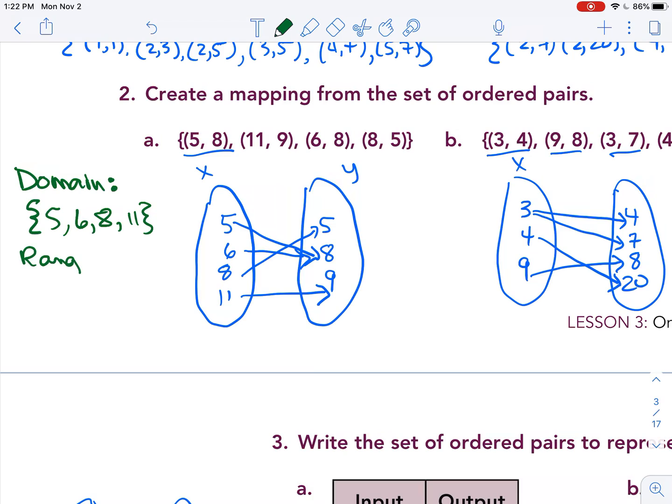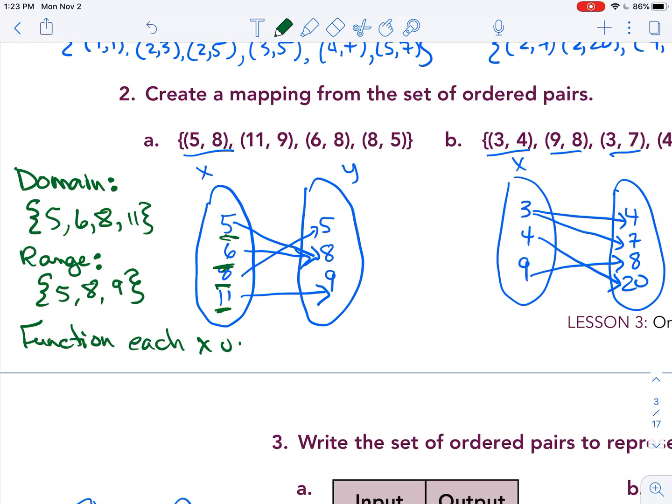The range values, the Y values, so 5, 8, and 9. So is it a function or not? Each one of these goes to exactly one Y value, so this is a function. Each X value goes to one and only one Y value.